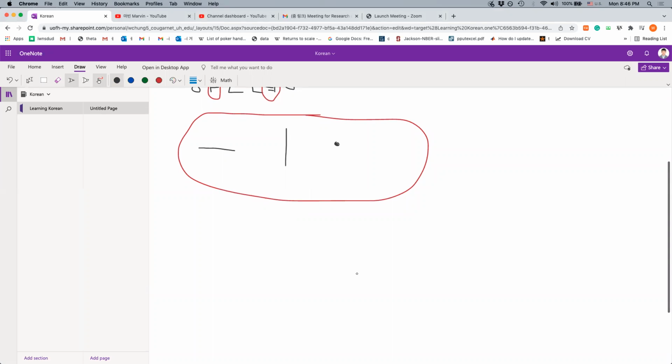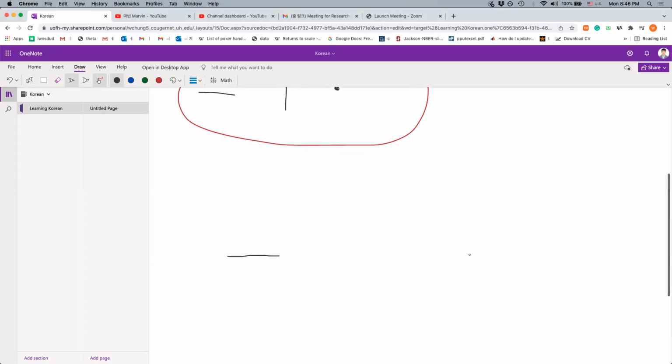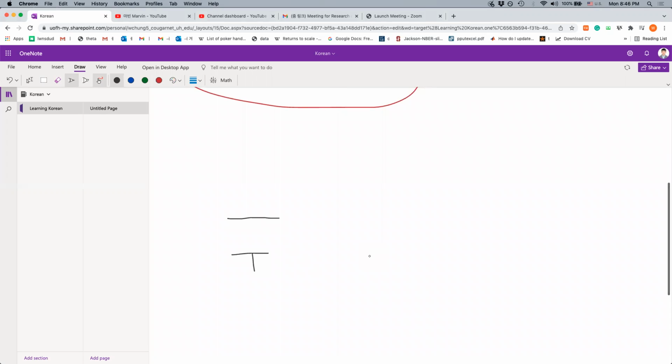Yes. So for example, let's say this is ㅡ, and if we put a dot on the bottom of it, then it is ㅜ. And if you put another dot, it will be ㅠ, like adding one dot each.